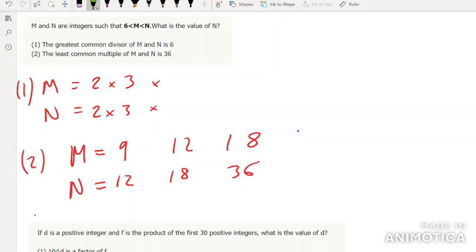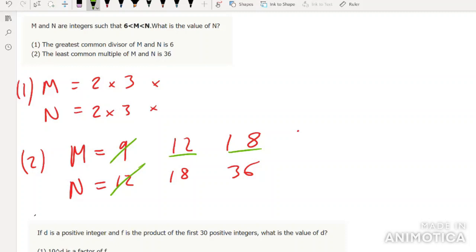So m can only be 12 or 18 because 6 doesn't divide into 9. And if n was 12, then the greatest common divisor of 12 and 12 would not be 6. And actually, no. So the fact that 9's out means 12's out anyway, because n has to be bigger than m.